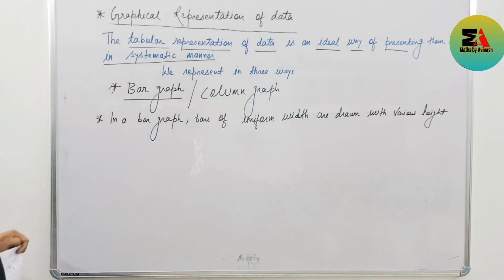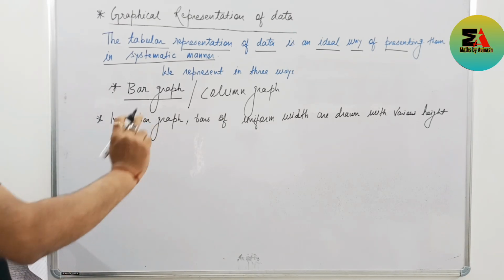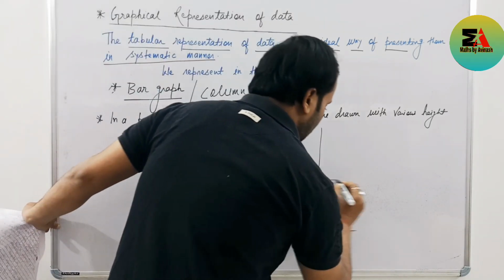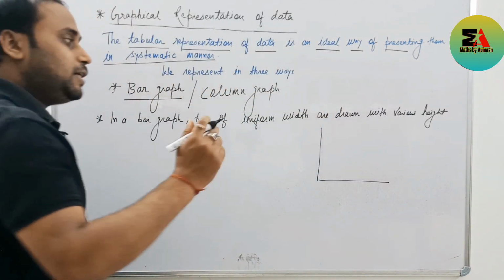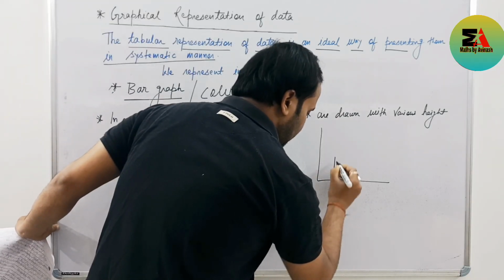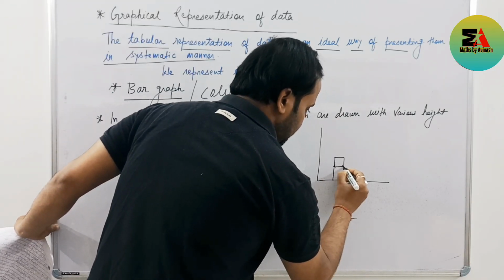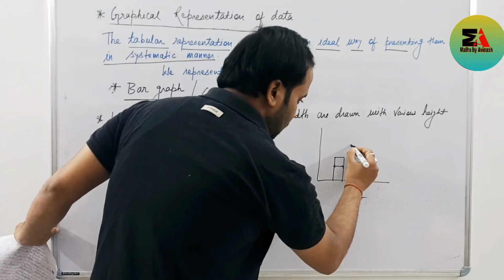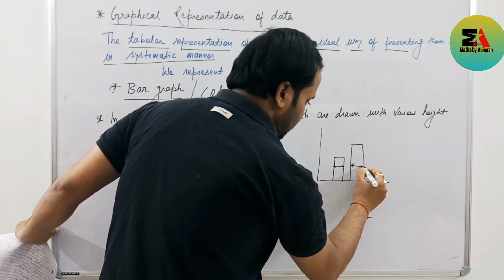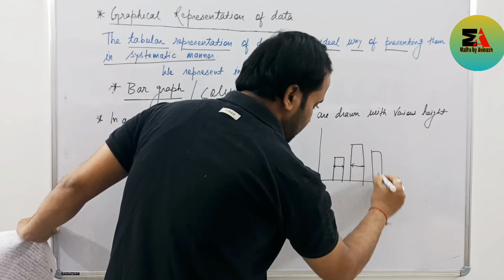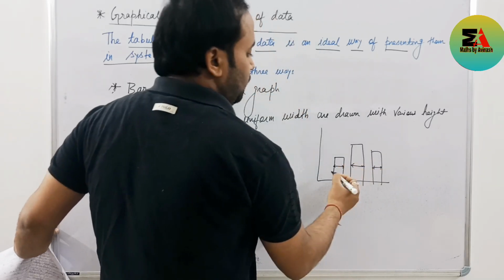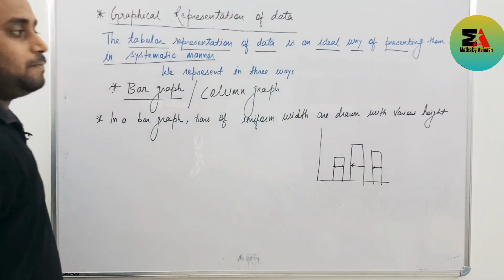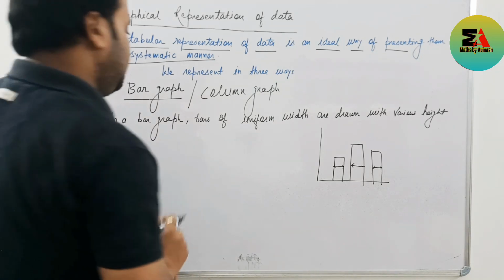What is the meaning of the first point? Suppose you have to draw a bar graph. The width of the bar means this width. These widths are uniform. The width of the first block is the same as the width of the second block, same as the third block. The width of all bars is exactly the same.